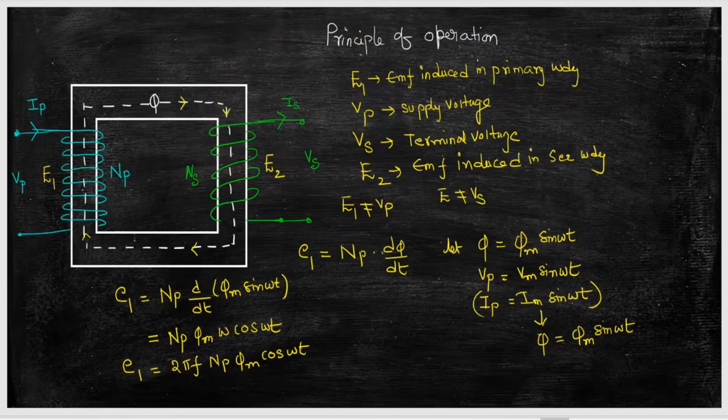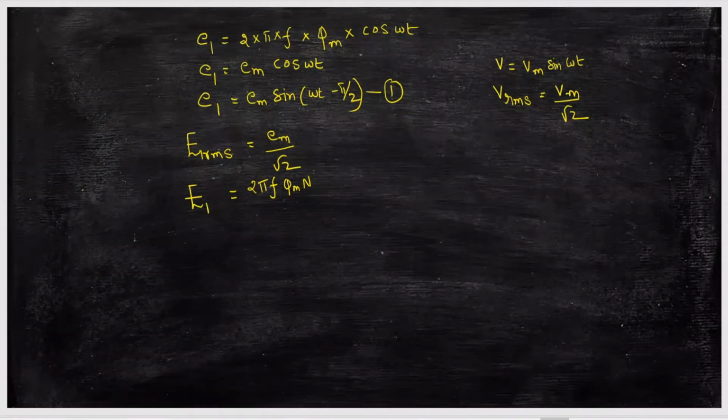Here I have to write NP. So Em is 2 pi f phi m NP, into 1 by root 2.